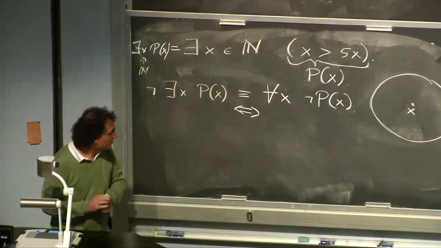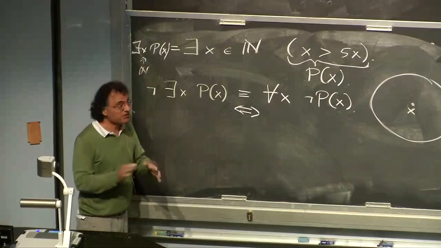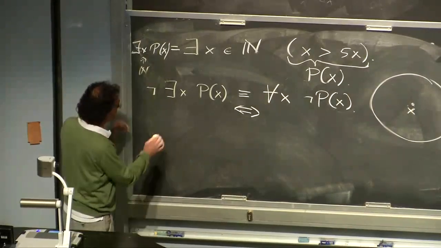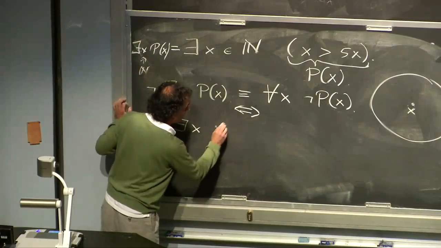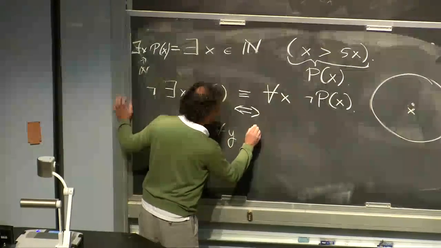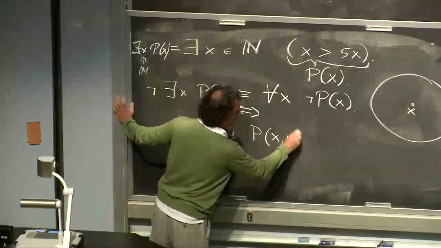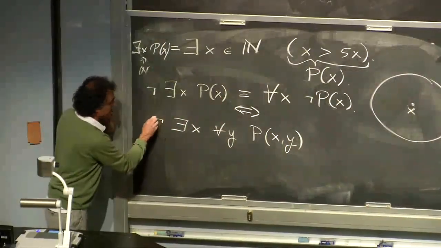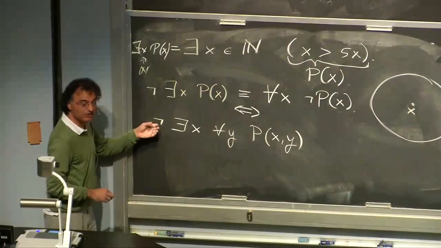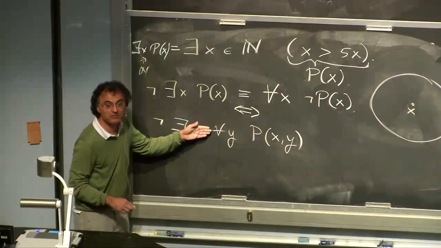Okay, so now let me just state for you the general principle. Suppose you had there exists x for all y, P of x y. This was your proposition, and you negated it. What you could do is move the negation in one by one.